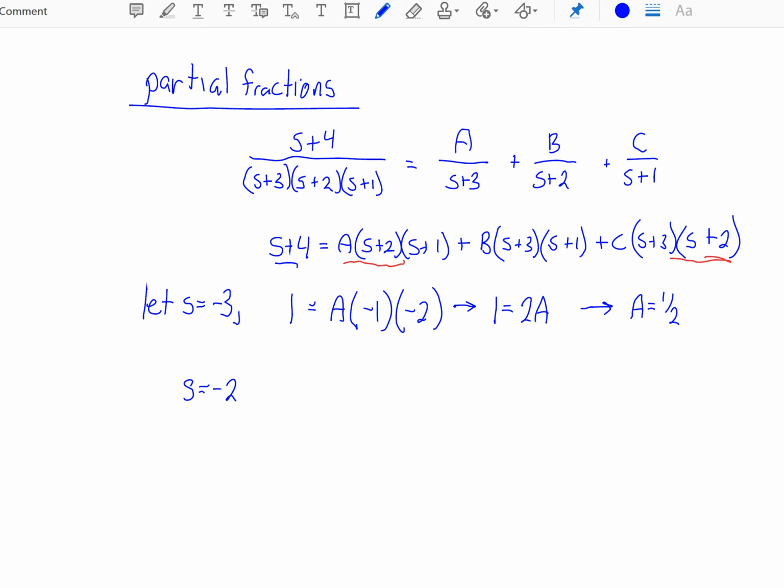Now if s equals -2, the left-hand side becomes 2 equals b times, now if s is -2, this factor becomes 1. If s is -2, this factor becomes -1. And this gives us the equation 2 is equal to -b, so that b has to be -2.